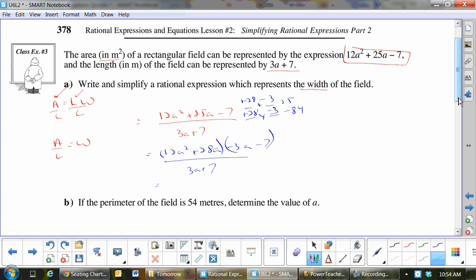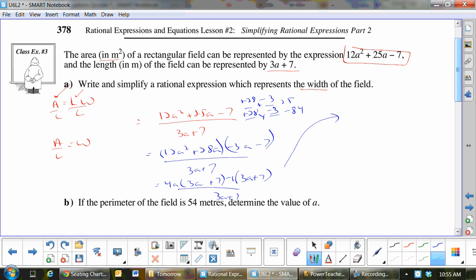Okay, so I can take out a 4, right? 4a, leaving me with 3a plus 7. It's a good thing I changed my 7 on the bottom, or I wouldn't be able to cancel anything, would I? I can take out a negative 1, leaving me with 3a plus 7. And that's all over 3a plus 7.